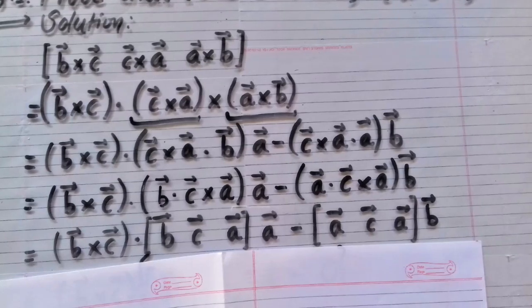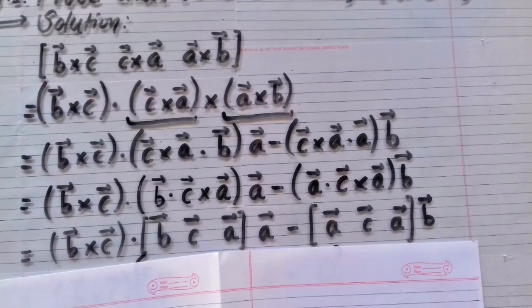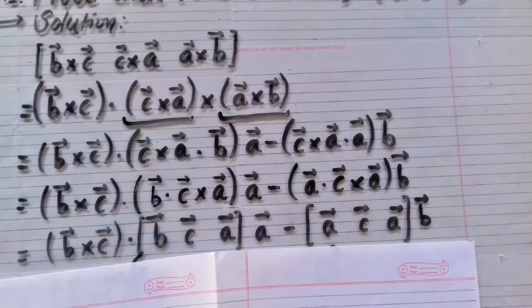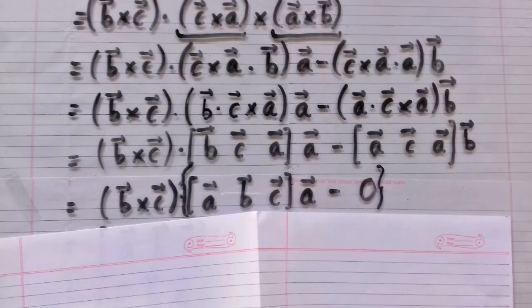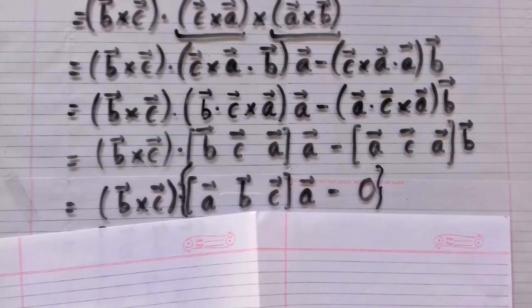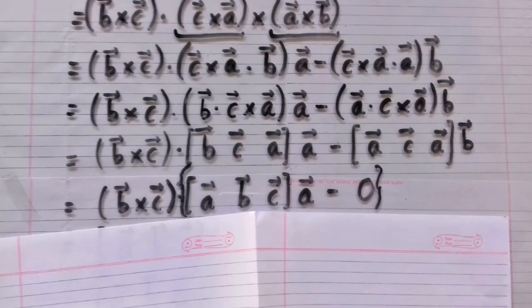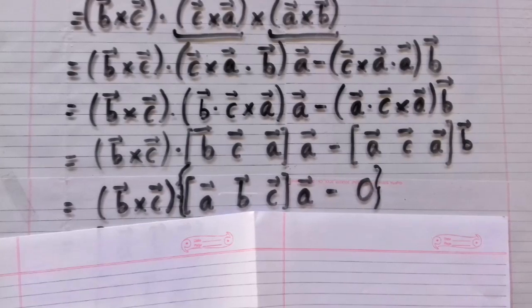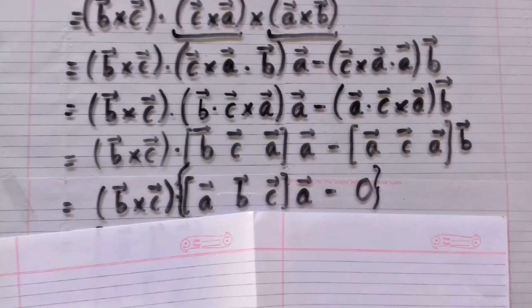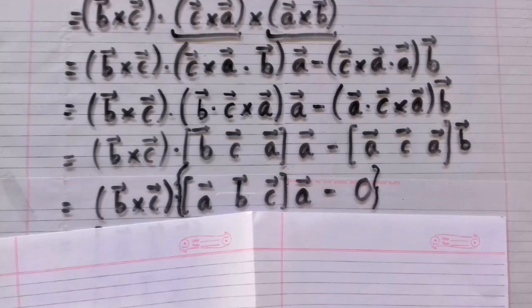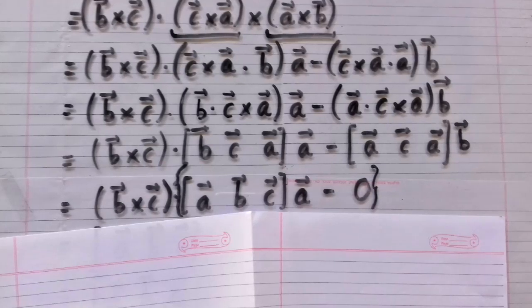In this step, we are writing scalar triple products inside big brackets. a, b, c being cyclic vectors, we can arrange them in the order we want. So b vector, c vector, a vector, their scalar triple product is changed to the order of a, b and c.